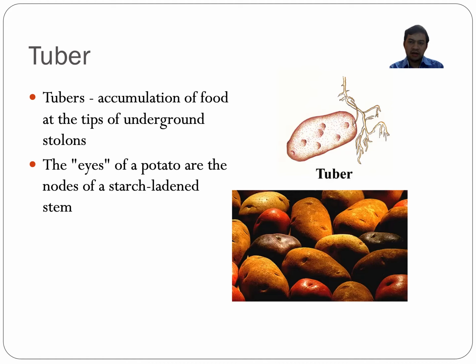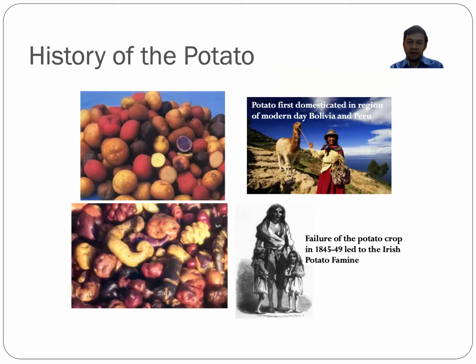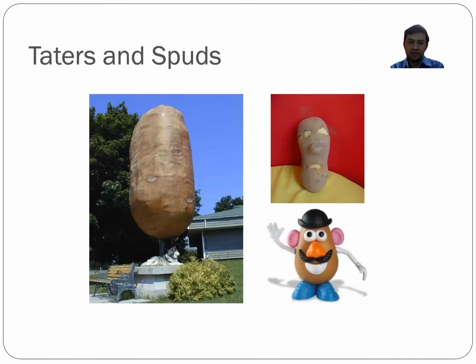If you see that there are eyes on the potato, they are the nodes of the starch-laden stem. So this is the potato. It was domesticated in the region of modern-day Bolivia and Peru. This one, the taters.